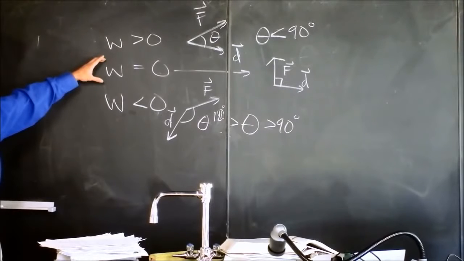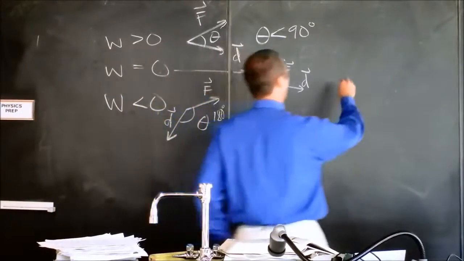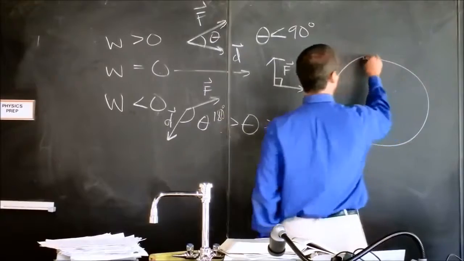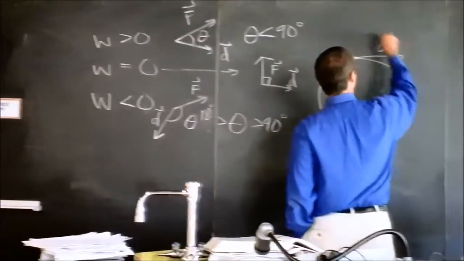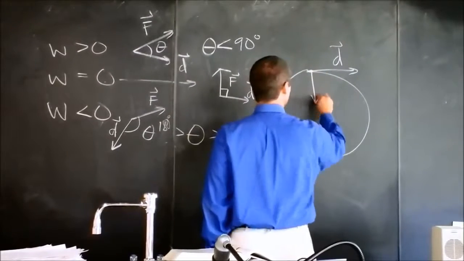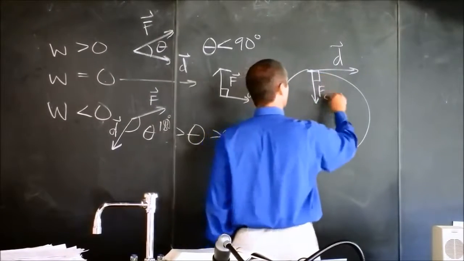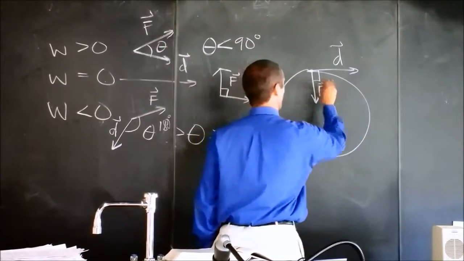What is the thing doing? It's moving in a circle. Spinning. It must be turning, right, Sam? Good work. If it's turning, let's draw ourselves a circular path, and we'll have the direction that the thing is going for an instant, and the force is always at a right angle, and I can call that a centripetal force also.